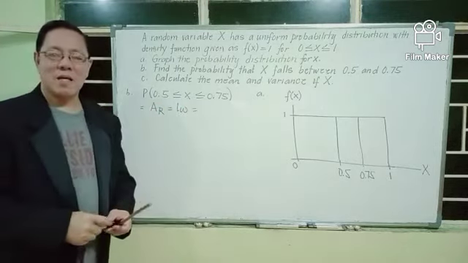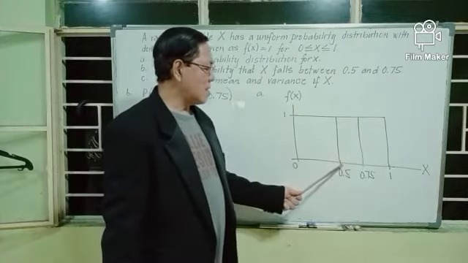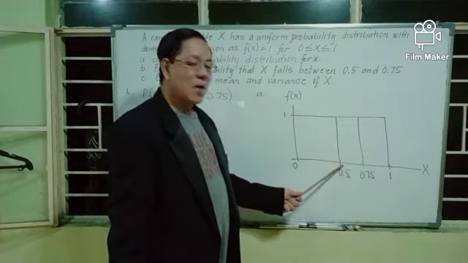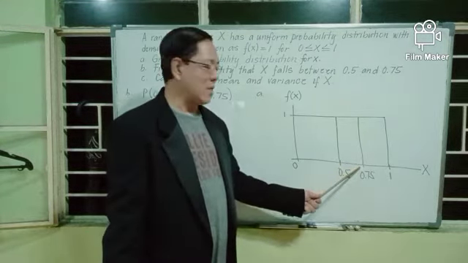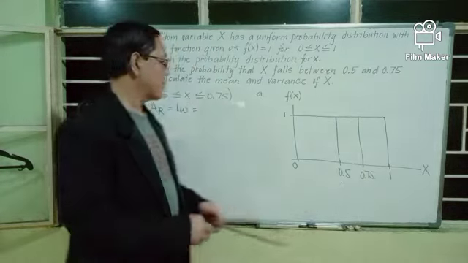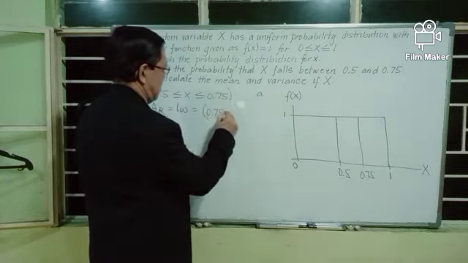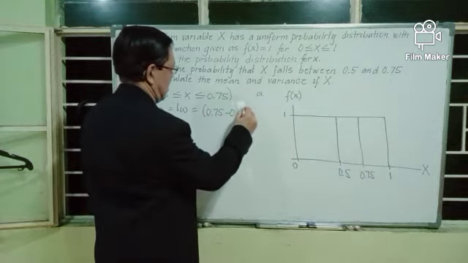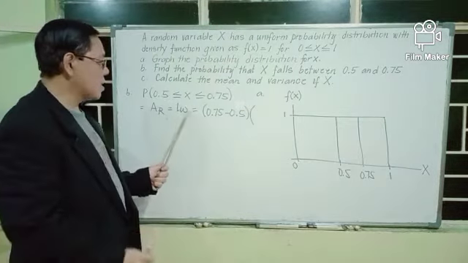And the area of the rectangle is equal to length multiplied by the width, where the length is equal to the length of the line interval from 0.5 to 0.75 and is equal to 0.75 minus 0.5, multiplied by the width.